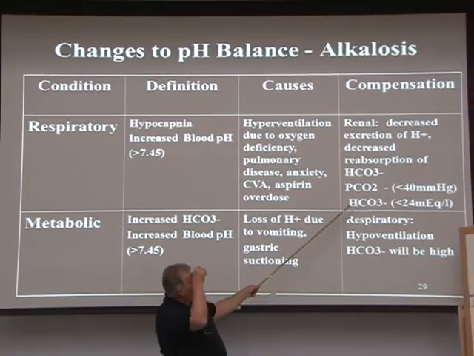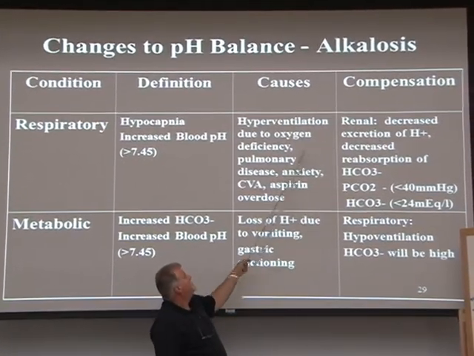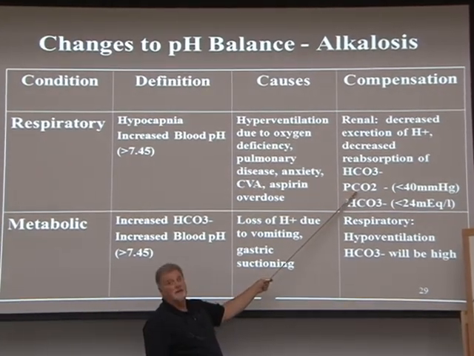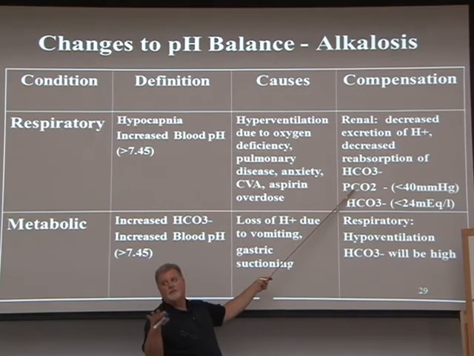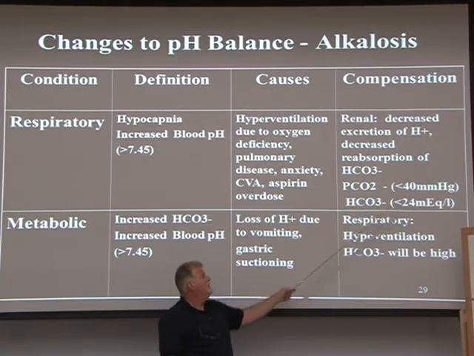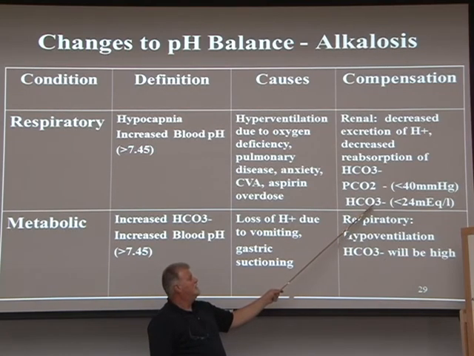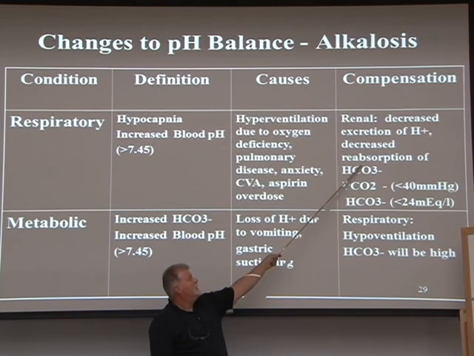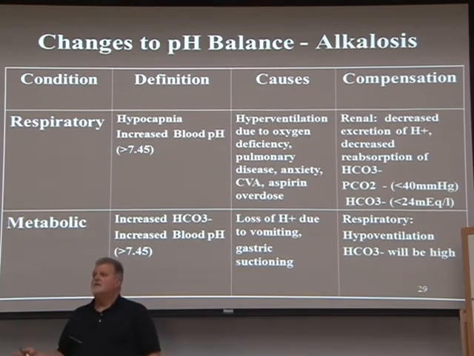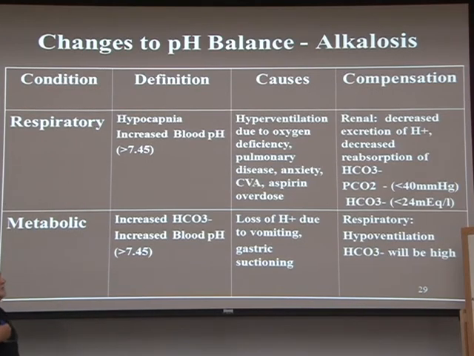So in this patient, because we were hyperventilating, we would be in a state of hypocapnia because we'd have too low of carbon dioxide in our blood, and we'd also have a low amount of bicarbonate because the kidney is not reabsorbing bicarbonate. So we would have a low of both of those.